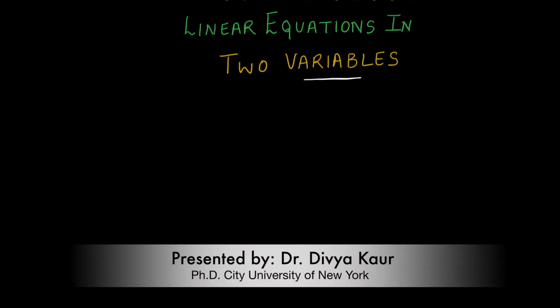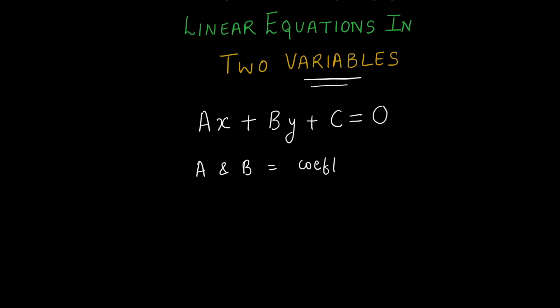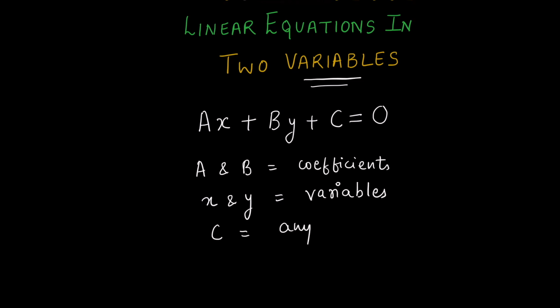In this lesson, we will learn how to solve the linear equation in two variables. By definition, any equation of the form ax plus by plus c equals 0, where a and b are coefficients, while x and y are variables, and c is any constant.